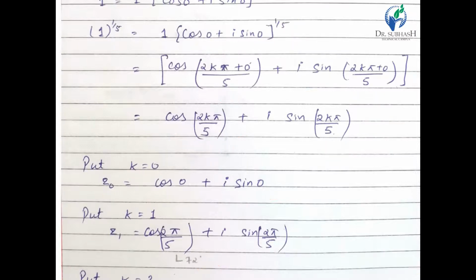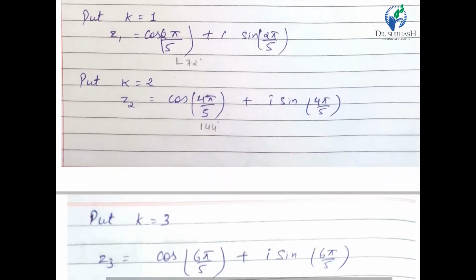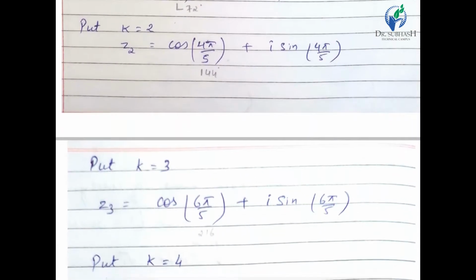Okay, now we put k equal to 2. Substituting k equal to 2, we get z2 equal to cos 4 pi by 5 plus I sin 4 pi by 5. Again 4 pi by 5 is approximately 144 degree.